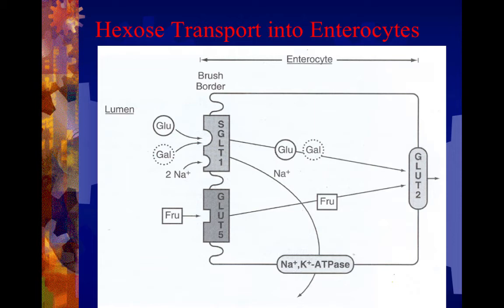Remember, this is in the small intestine. If a person consumes a significant amount of fructose at the same time, sometimes it's not absorbed fast enough in the small intestine, and some of that fructose goes into the large intestine. In the large intestine, the fructose is metabolized by bacteria, and it can cause osmotic conditions that result in diarrhea.